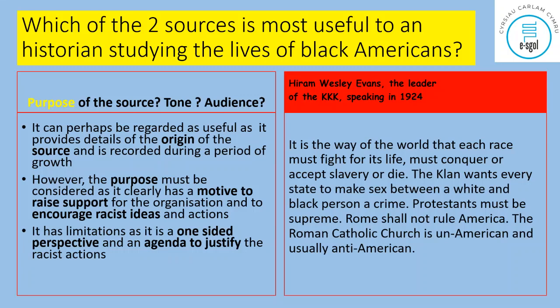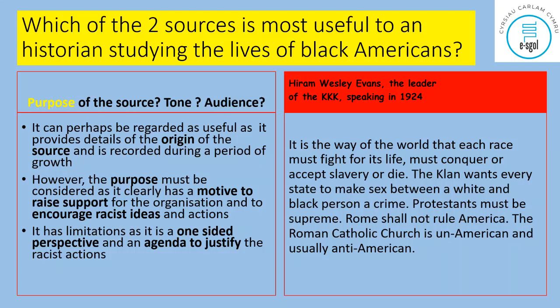So at this point, we'd have to have a paragraph at the end, or a few lines, summarizing our thoughts with regards to the usefulness. And we then try to conclude by saying that one source is more useful than the other, but of course, giving evidence why. For example, we said the first source showed quite a balanced perspective.